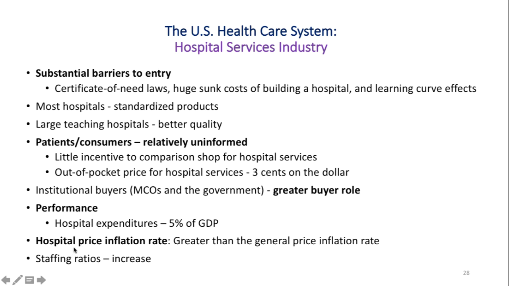That is related to the staffing ratio increase and the wage rate, because of the higher training and number of years that staff in medical care, nurses and physicians, have to go to school, which have increased over the past few years.